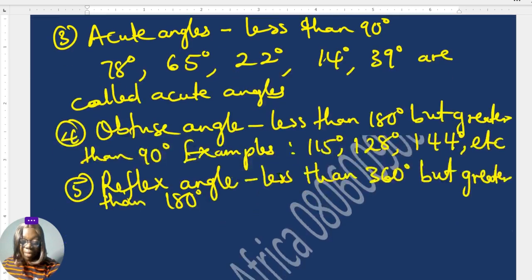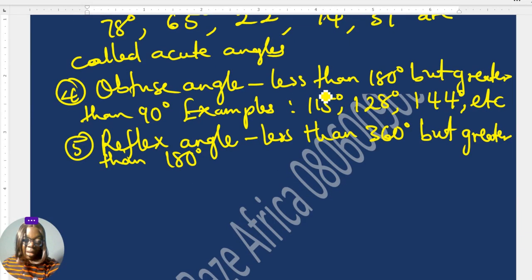So what are the examples of reflex angle? Now these are examples of reflex angle.